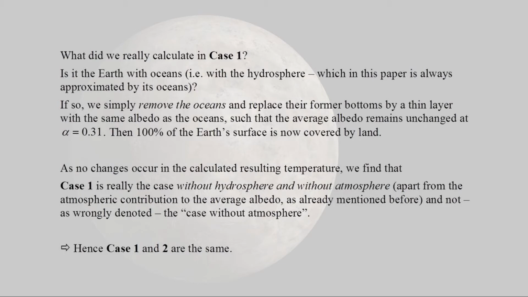What did we really calculate in case 1? Is it the Earth with oceans, that is, with a hydrosphere, which in this paper is always approximated by its oceans? If so, we simply remove the oceans and replace their former bottoms by a thin layer with the same albedo as the oceans, such that the average albedo remains unchanged at 0.31. Then 100% of the Earth's surface is now covered by land.